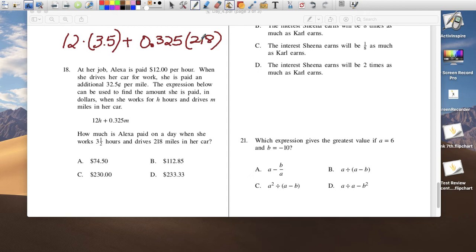Times 3.5, so this is $42. She's going to get paid $42. Plus, and how much does she get for driving? She drove 218 miles times 0.325, and just for driving that amount, she's going to get $70.85. So if you add both of them, she's going to get $112.85 total.